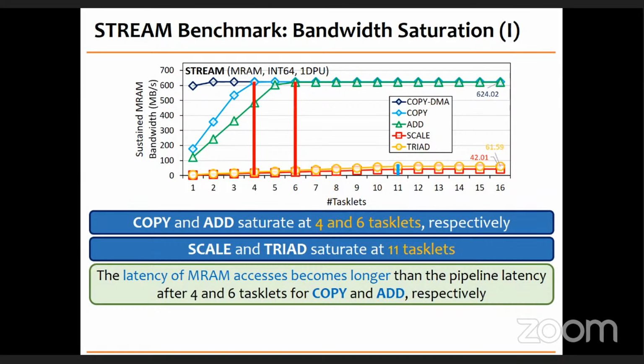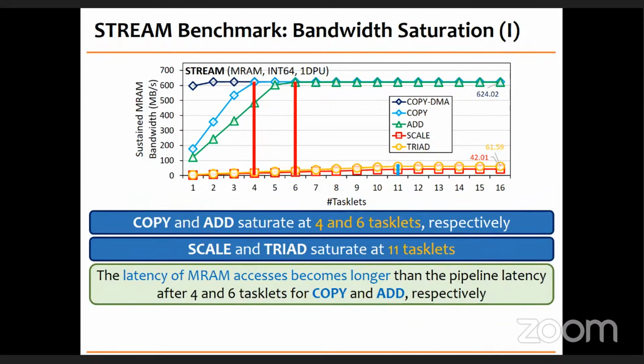The reason why copy and add saturate at 4 or 6 tasklets is because that's the number of tasklets for which the latency of the MRAM accesses becomes longer than the pipeline latency. Imagine you have 4 tasklets and you are issuing requests to MRAM for data movement from MRAM to WRAM, one after the other, right?